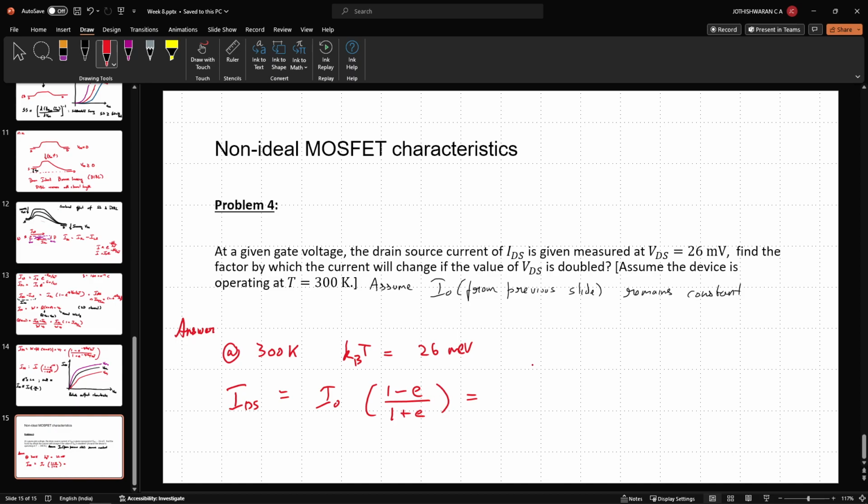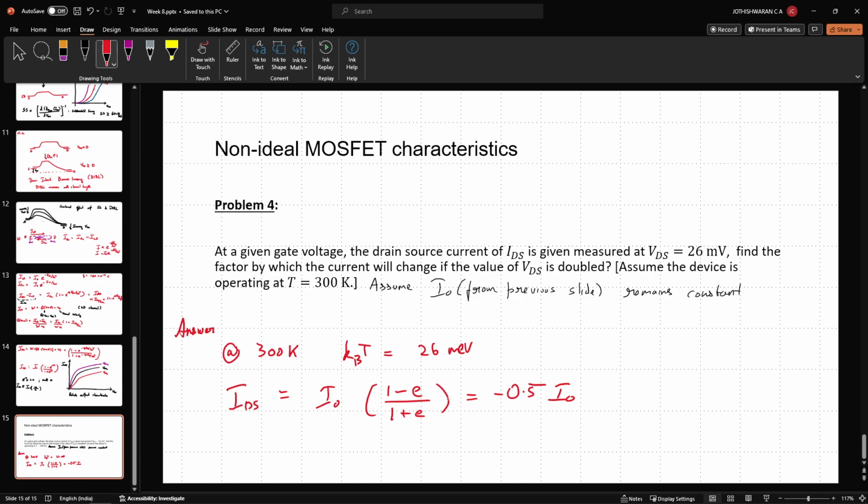I should have actually chosen a slightly higher voltage. So this will come out to be approximately minus 0.5 times I naught. That is why I took some time to recheck the answer. It was turning out to be negative, but that doesn't matter.